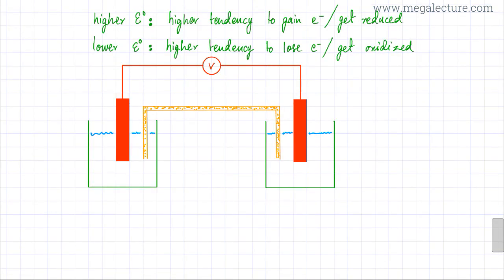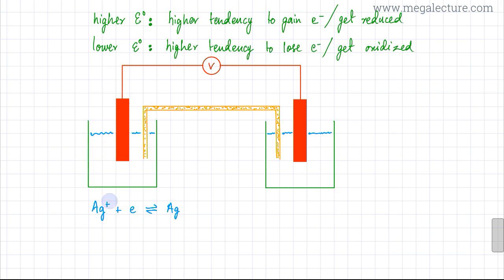Now, to clarify this exact point, that higher potential and lower potential point, I've drawn two electrodes and I've connected them together by a salt bridge and by this voltmeter over here. And this electrode over here, let's say this is the silver ion electrode, where silver ions are gaining electrons and are in equilibrium with silver metal, which is solid.